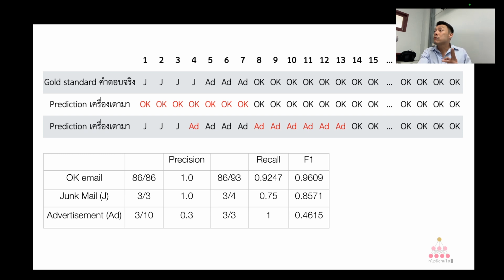Usually you don't compute this by hand at all. There's a function that computes all of these for you. You might have 30, 40 labels and it will compute the precision, recall and F1 for all of them for you. But it won't read it for you, okay? So that's why I'm teaching you to read it.